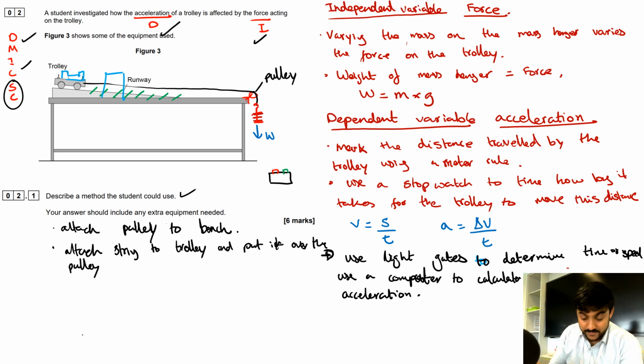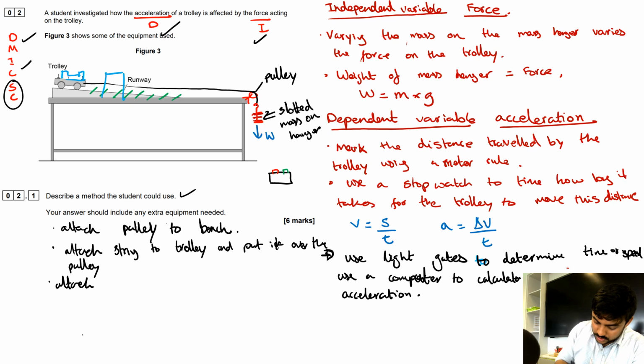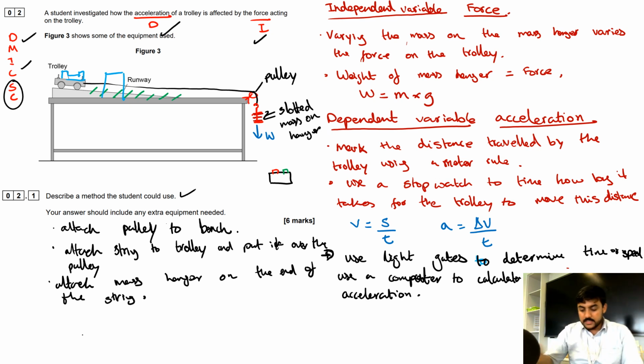That's also very, very obvious. This is the slotted masses. Mass on hanger. Okay, and then attach mass hanger on the end of the string. This is what produces the acceleration.